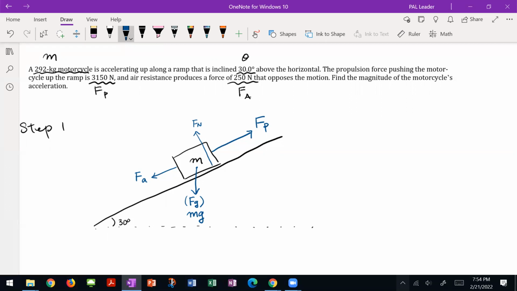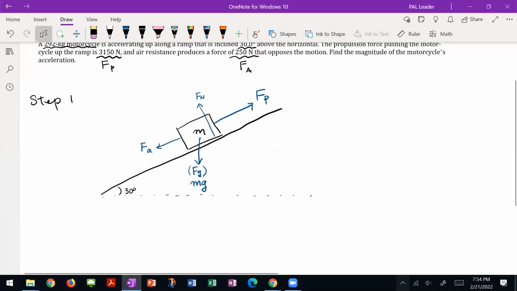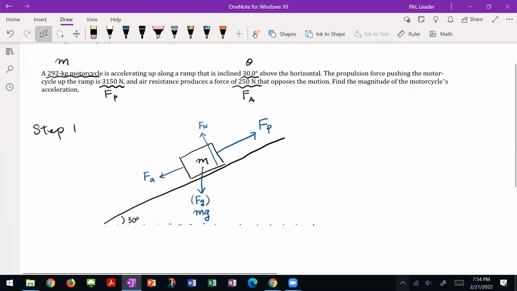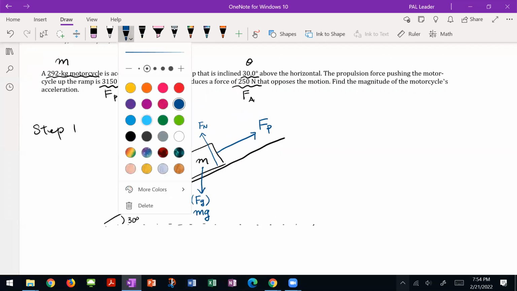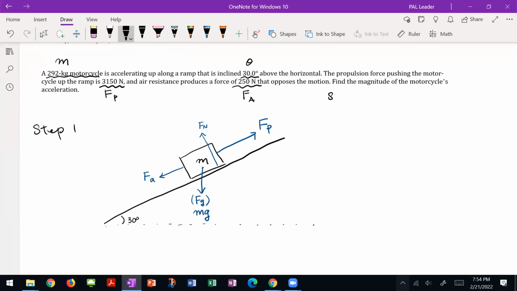So let's organize what we know and what we don't know into a step 2 table. Knowns: we know our mass, 292 kilograms. We know FP, which is 3150 newtons.